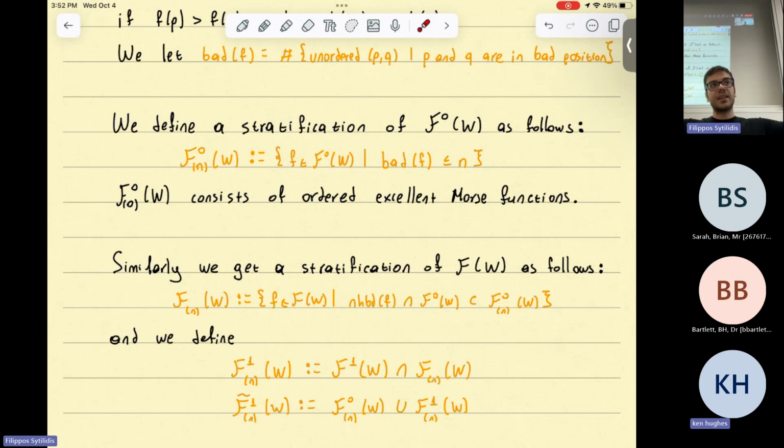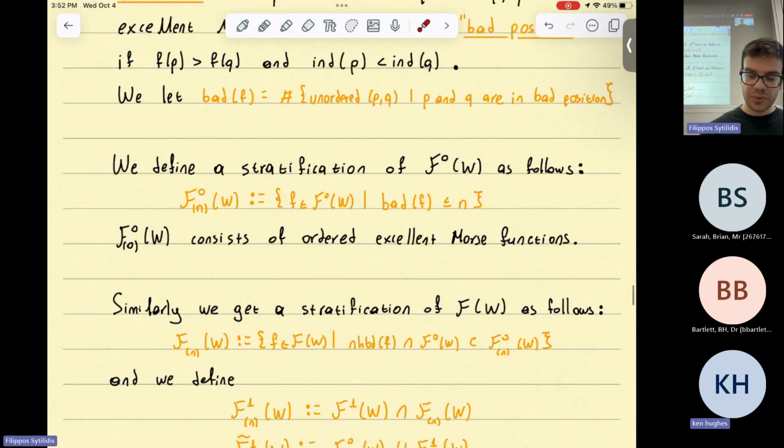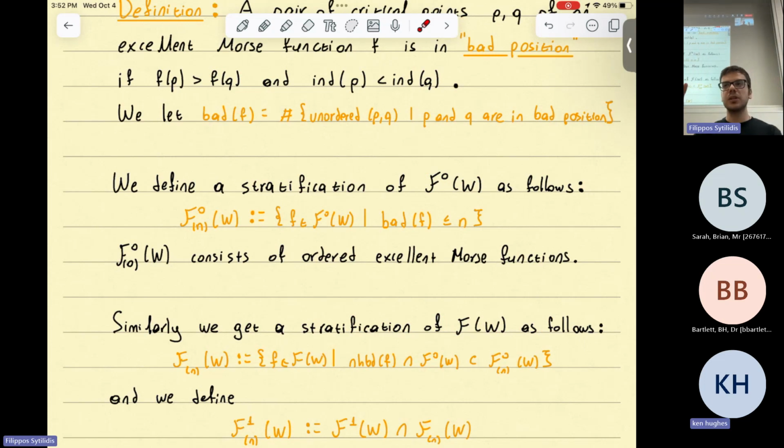I'm going to stratify it via these spaces F0 sub n. What's F0 sub n of W? It consists of all those excellent Morse functions whose number of pairs of critical points in bad position is less than or equal to n.